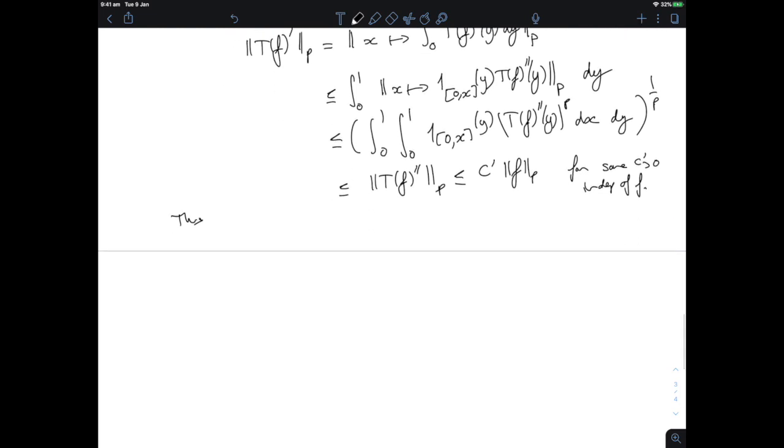Let's repeat the end of the argument. So there exists a C such that for every f, C infinity compactly supported, there exists a u in W2p such that the u in W2p norm is controlled by a constant times the Lp norm of f, and the equation holds.